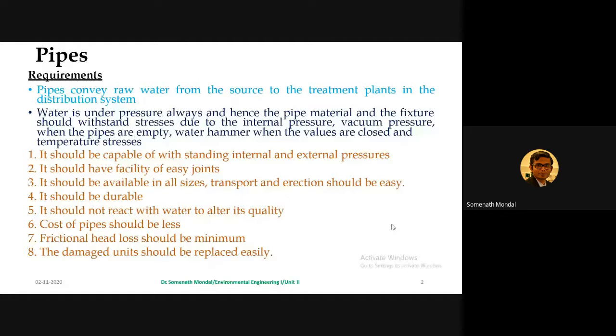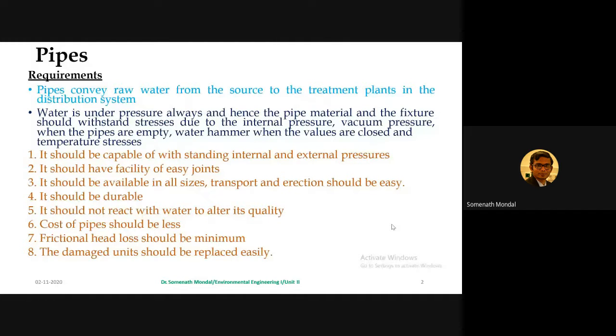The joining characteristics should be easy, so we should use a material where we can have easy joints, and we can easily change the direction of the pipes by putting in these joints. So it should have the facility of easy joints. Another important thing is size.